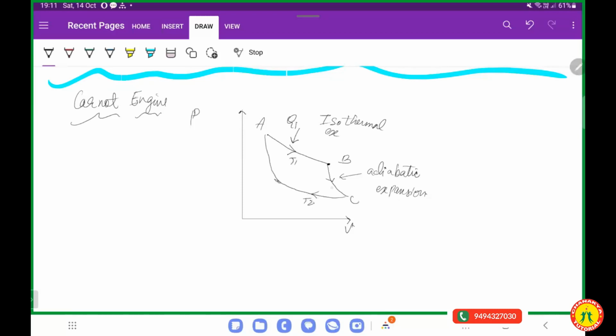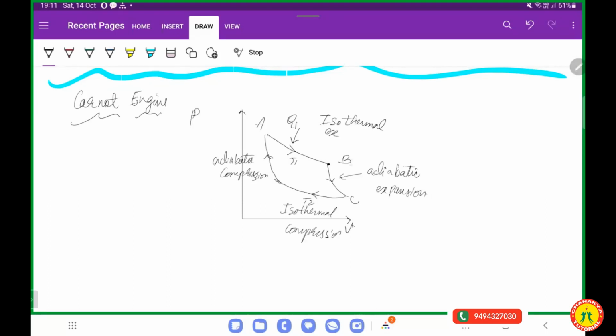Change of temperature. Adiabatic expansion. It is adiabatic compression. So if it is adiabatic compression, then this will be isothermal compression.